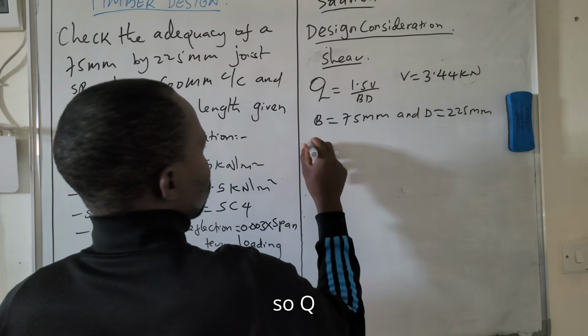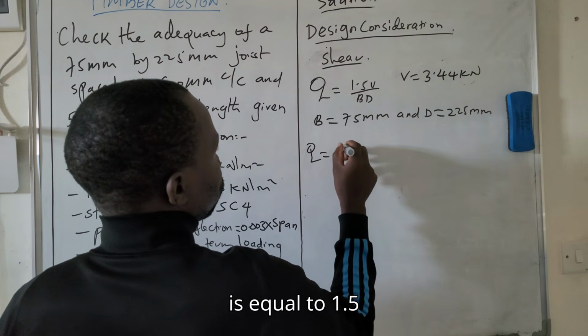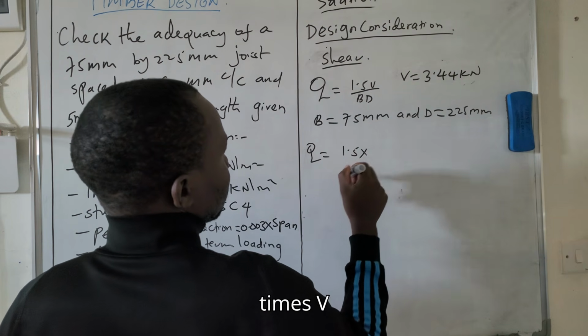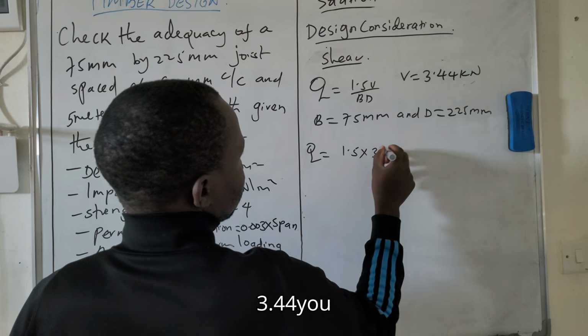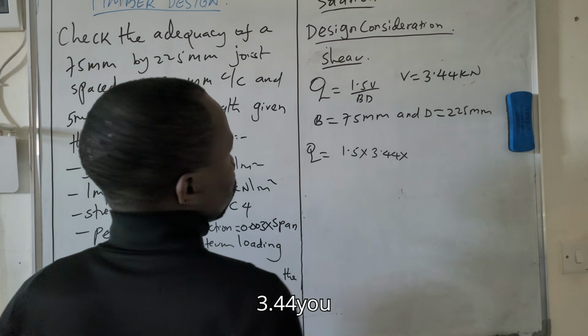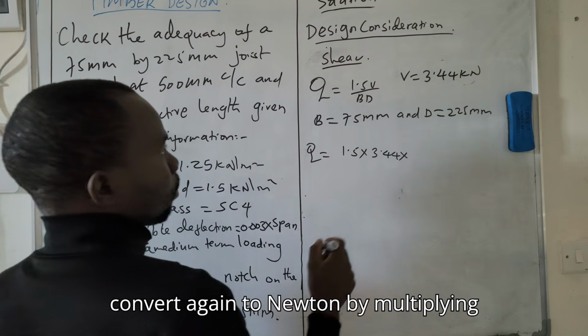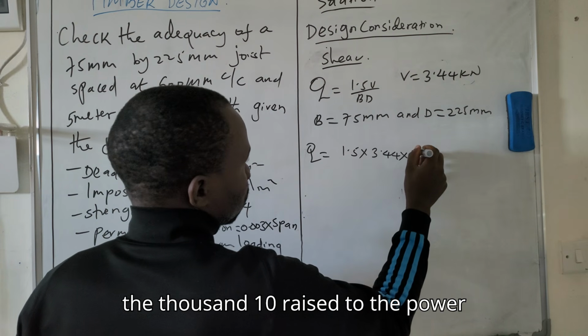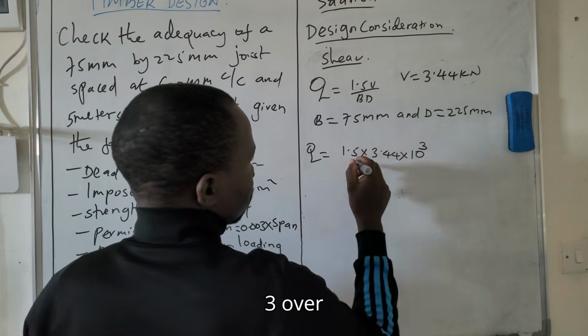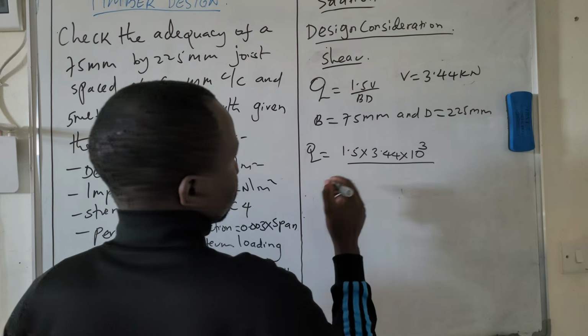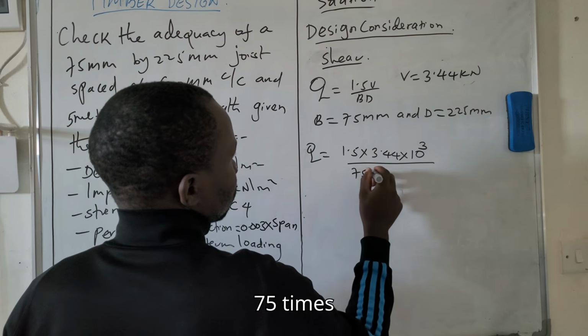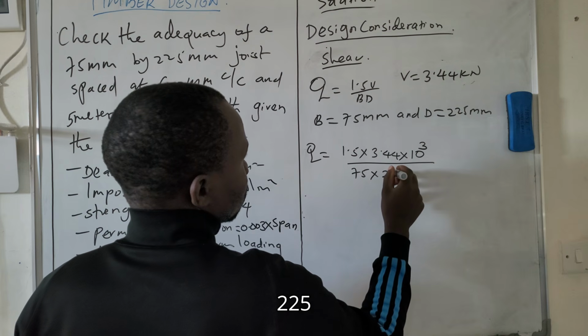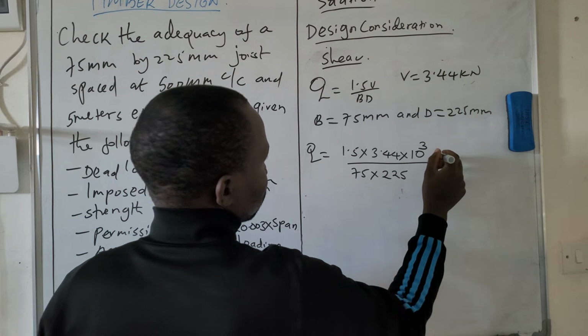So Q is equal to 1.5 times V, 3.44. You convert again to Newton by multiplying with 10 raised power 3 over 75 times 225.